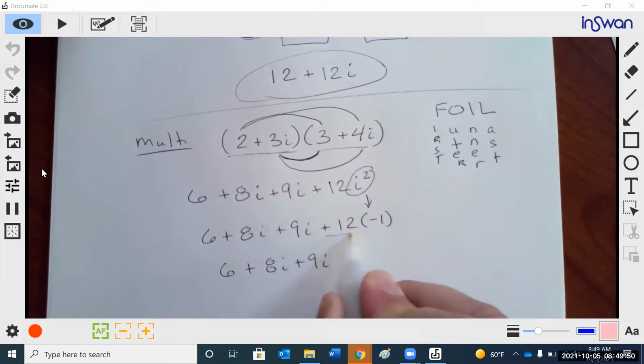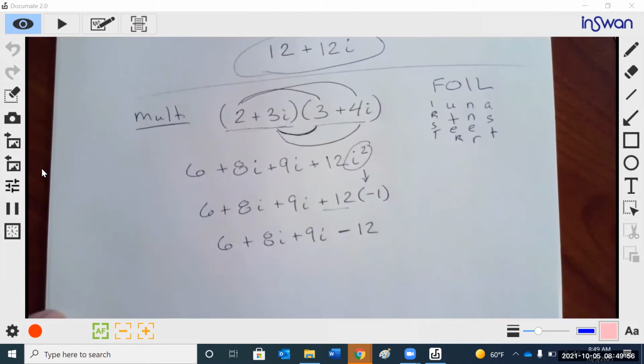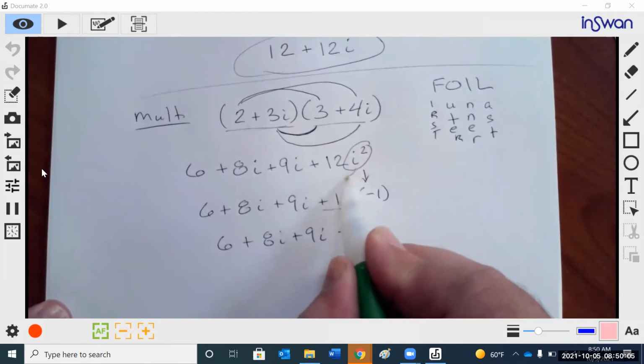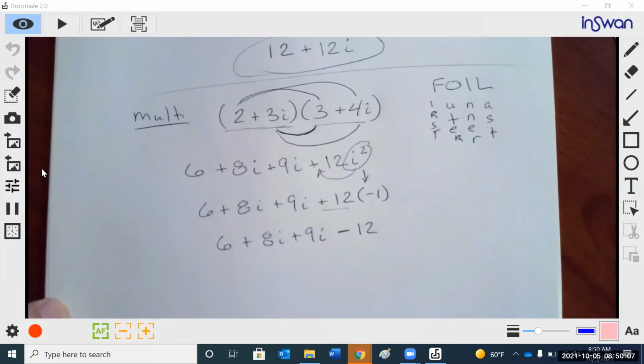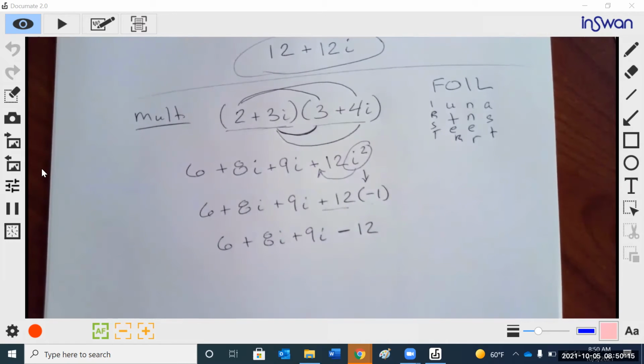So positive 12 times negative 1 is negative 12. Once you become comfortable with that, this i squared really just changes the sign in front of the coefficient.